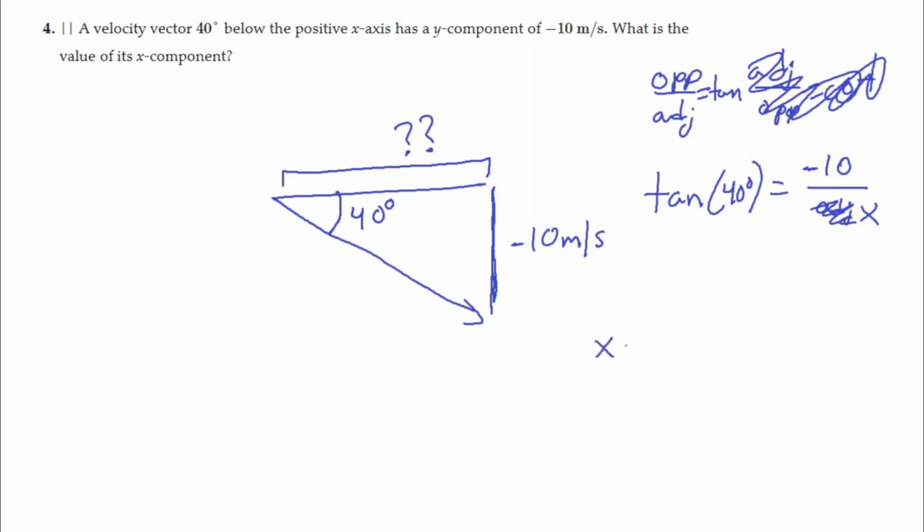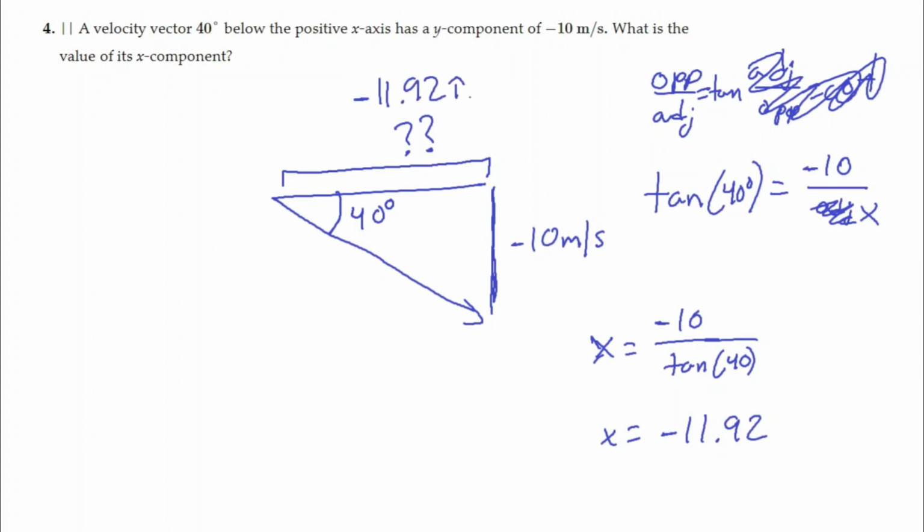If we rewrite this and set it equal to x, we're going to have negative 10 over tan 40. And negative 10 over tan 40 gives you an x value of negative 11.92. So our x component here would be negative 11.92. And that is our answer here.